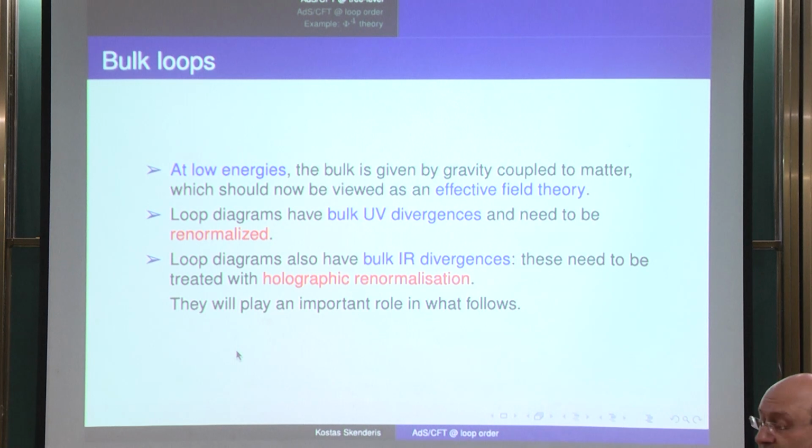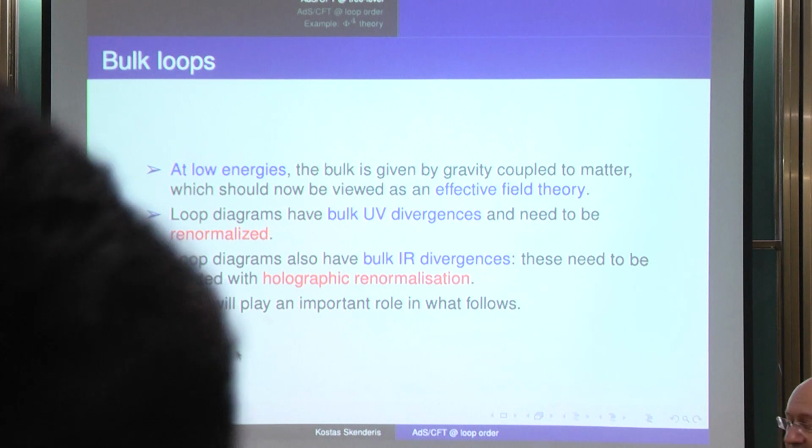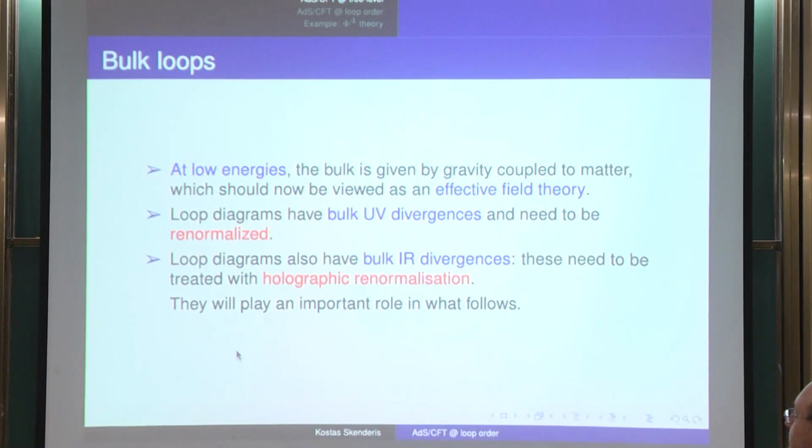Of course, from the low energy perspective, there are infinities, because of the bulk UV divergences, if you view them as a quantum field theory on a fixed background. Okay, these do have infinities, and these need to be renormalized. So let's first just quickly review how we deal with those in flat space.